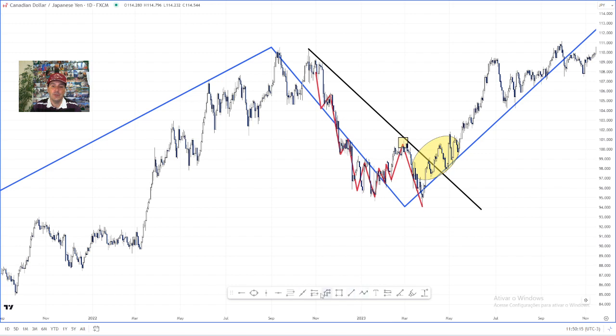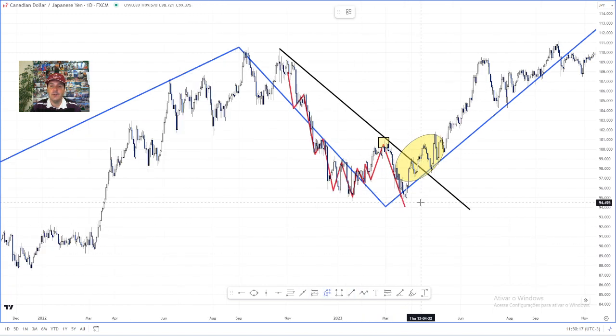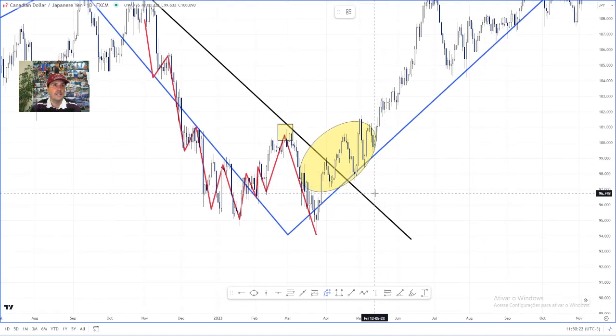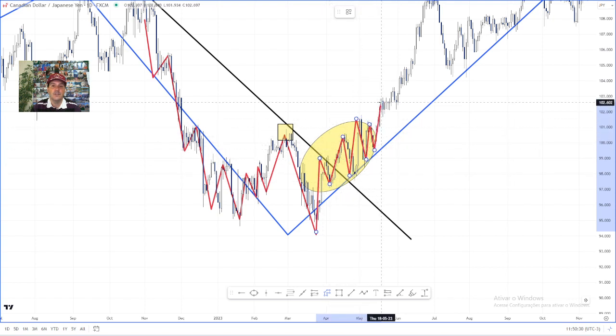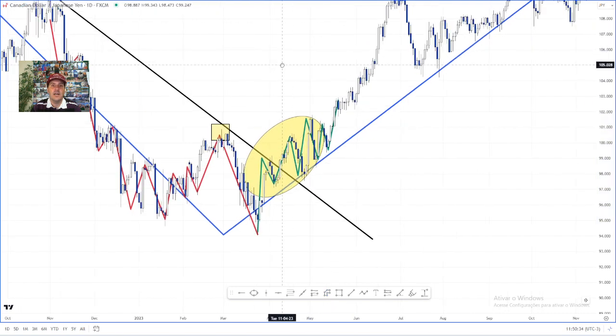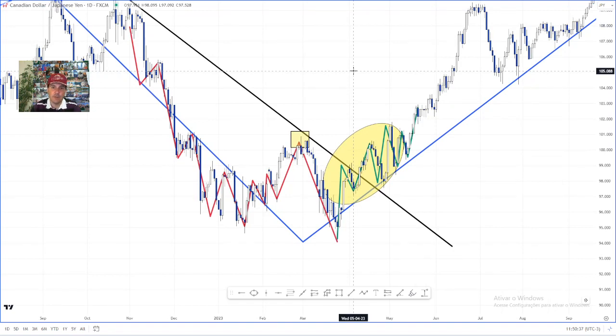And nonetheless, do we agree that after the counter trend line break, the market on the Canada JPY daily chart started making higher highs, higher lows? Do we agree? How do you know? Look at the chart.